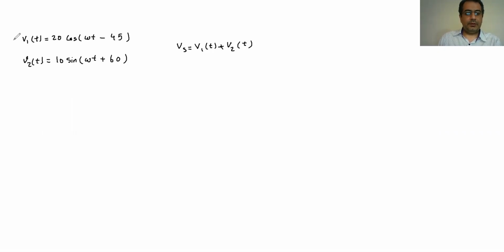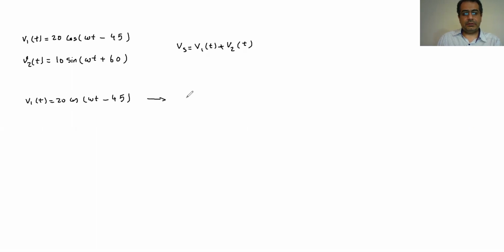So the way I'm going to do that is I'm going to convert them to phasor first. Basically, I convert them to complex numbers, do the calculation with complex numbers, and then convert them back to time domain. So V1(t) is 20 cosine omega t minus 45.